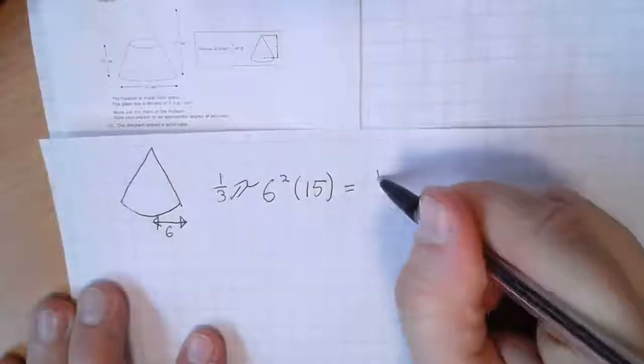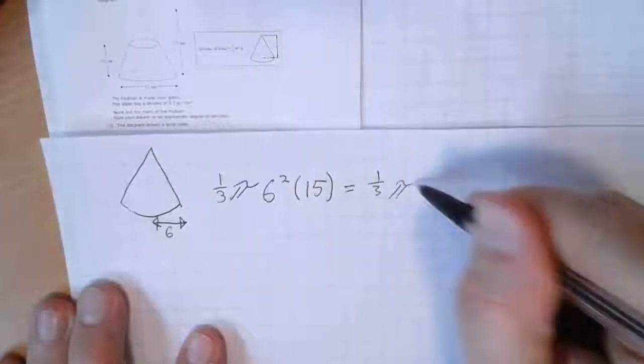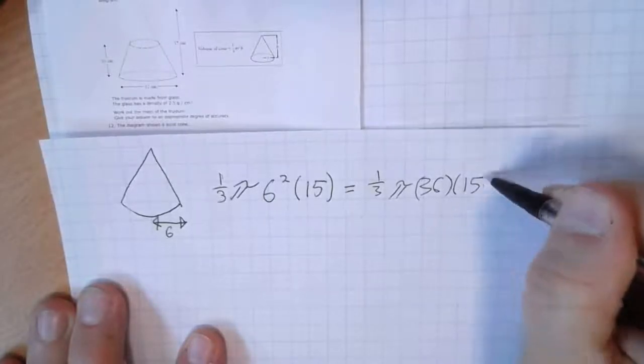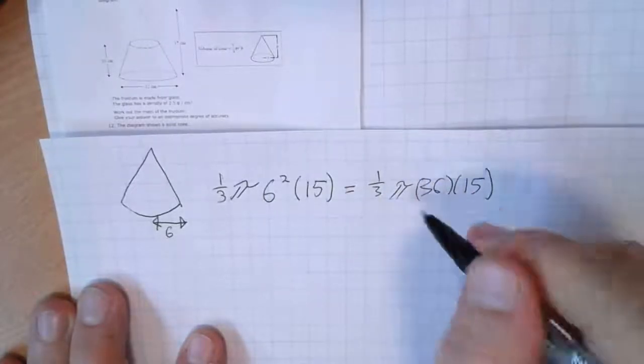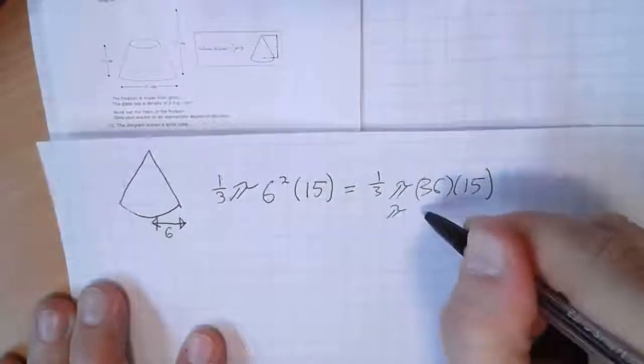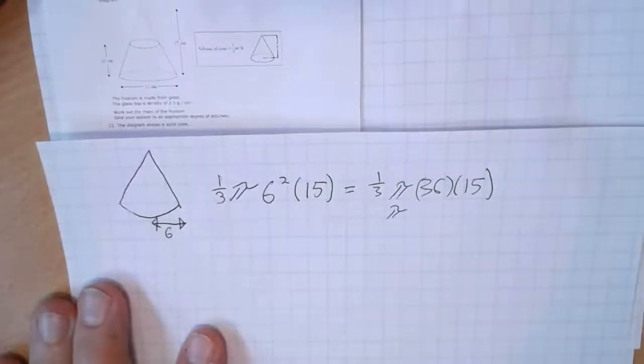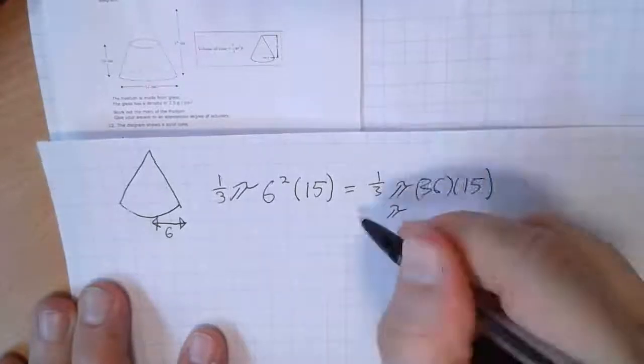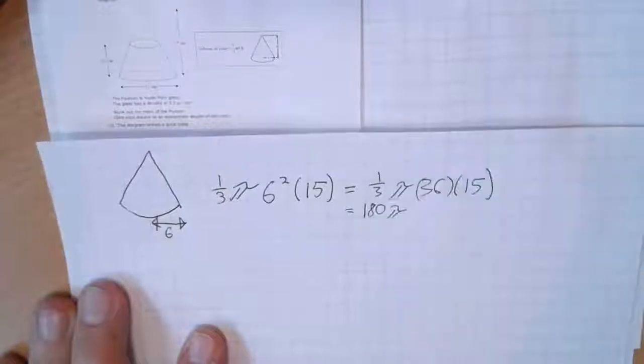That gives me 1/3 of pi times 36 times 15, which is 12 times 15, 180 pi. Okay, so that's my big cone.